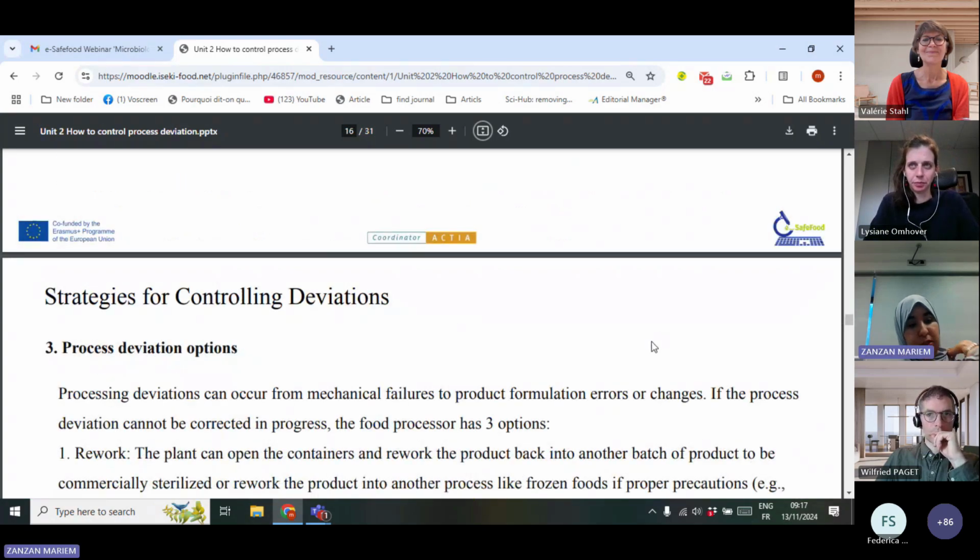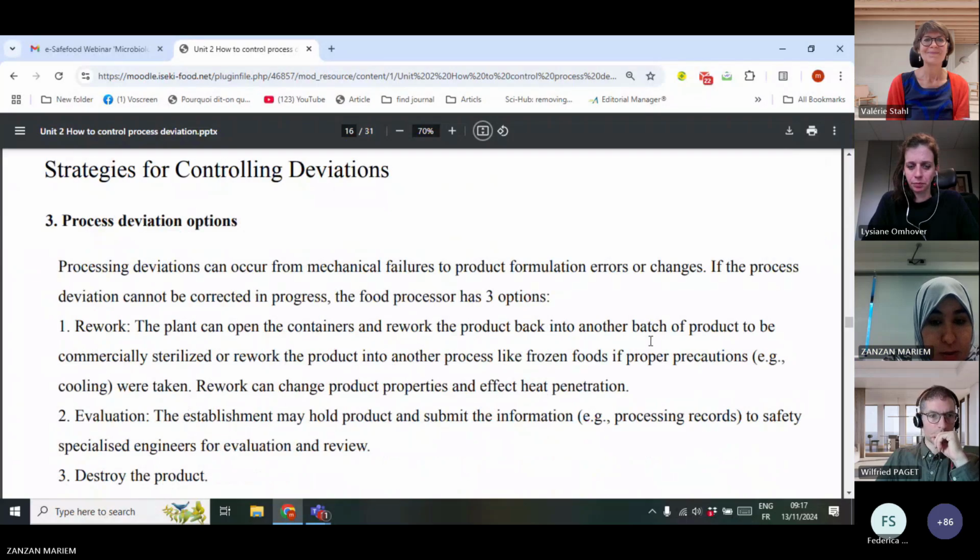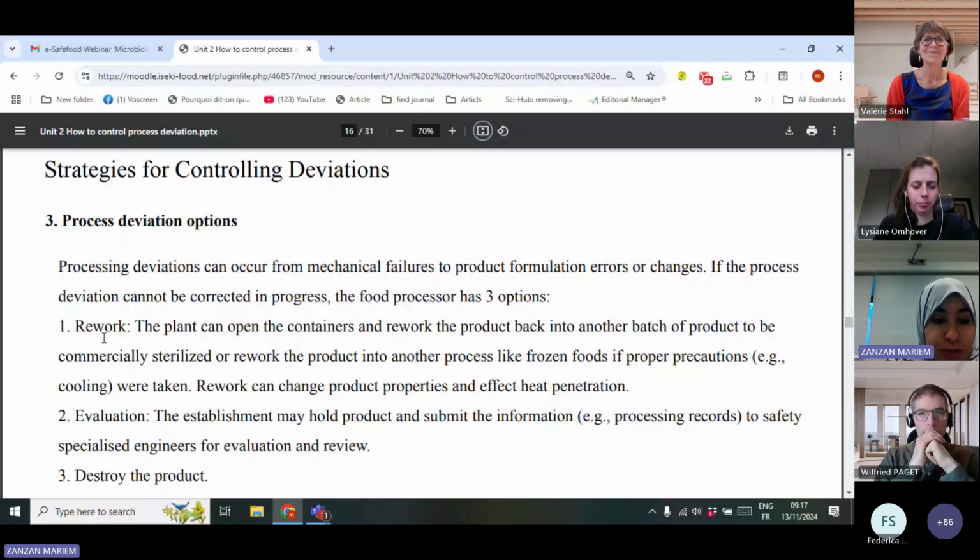So let's move to the process deviation options that we can have. The first one is to rework. If we have any deviation, we can rework the product, which means that we can open the container and try to rework the product back into another batch in order to be used, or we can use it for the production of another process.